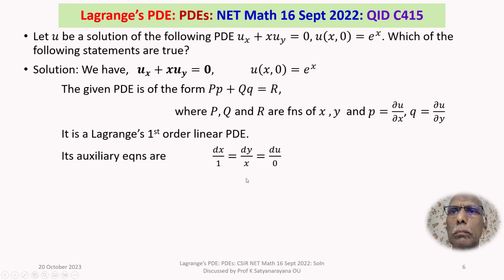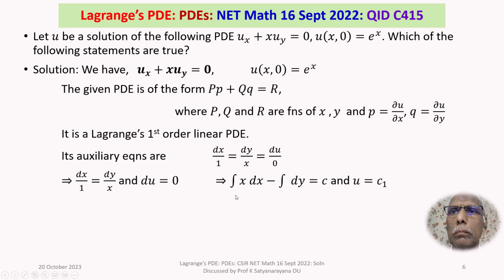Now, we solve these equations and get 2 independent solutions. So first we take the first 2 ratios. dx/1 is equal to dy/x, and du/0. dx/1 = dy/x gives x dx = dy, and du/0 is the same as du = 0.